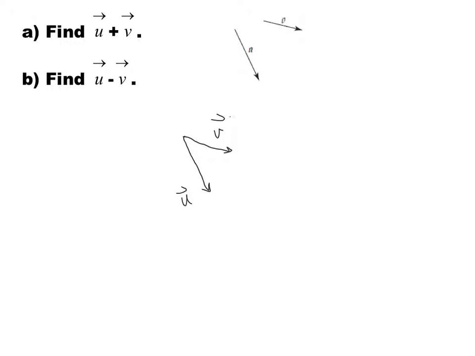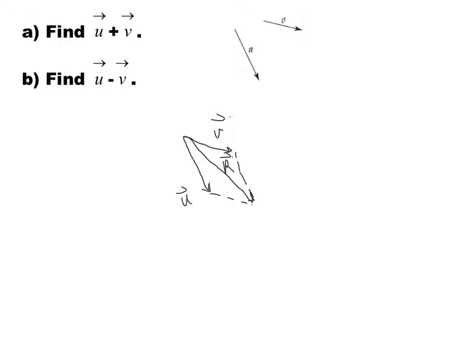So this means that I can draw the parallelogram like this one, and the diagonal, which is this one, is going to be my resultant vector. You can also use the other method, which is head to tail, and you're going to get the same thing.